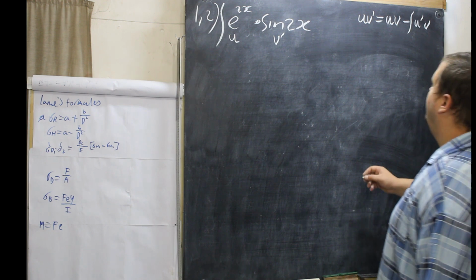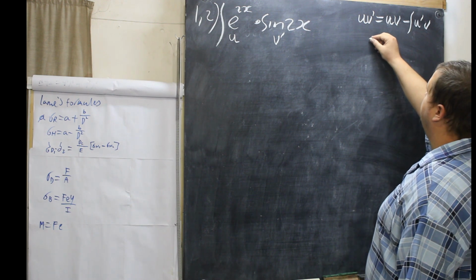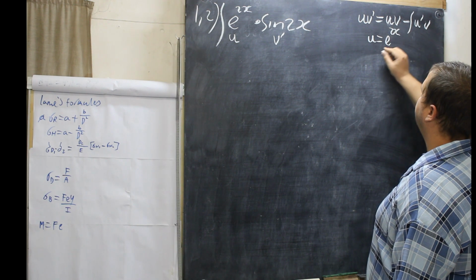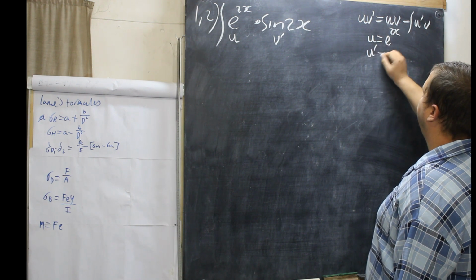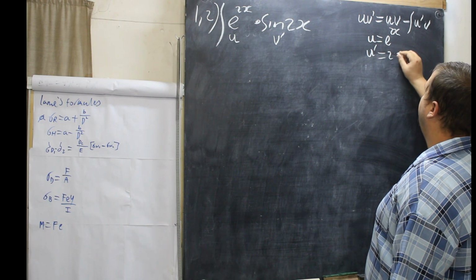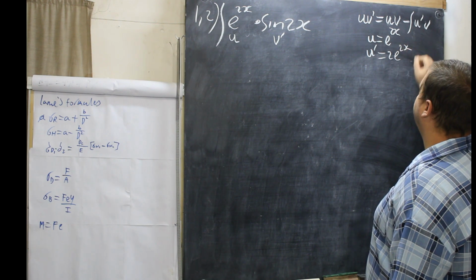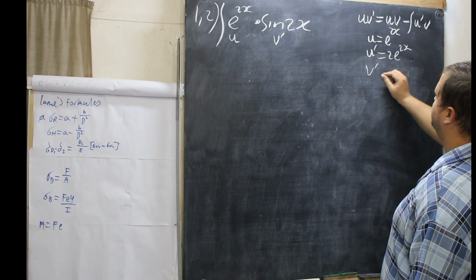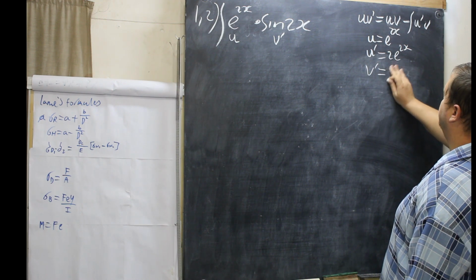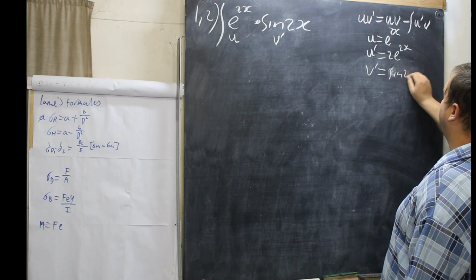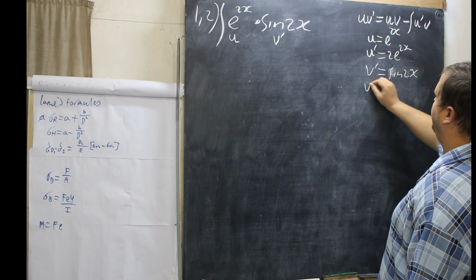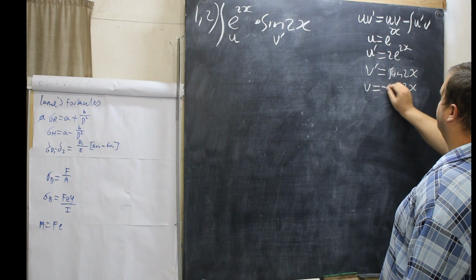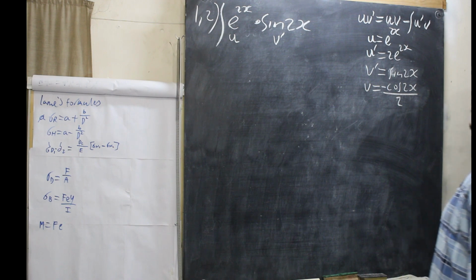So, now what we're going to do is say u equals e to the 2x, u prime is equal to 2 e to the 2x, v prime is equal to sine 2x, and v is equal to minus cos 2x over 2.